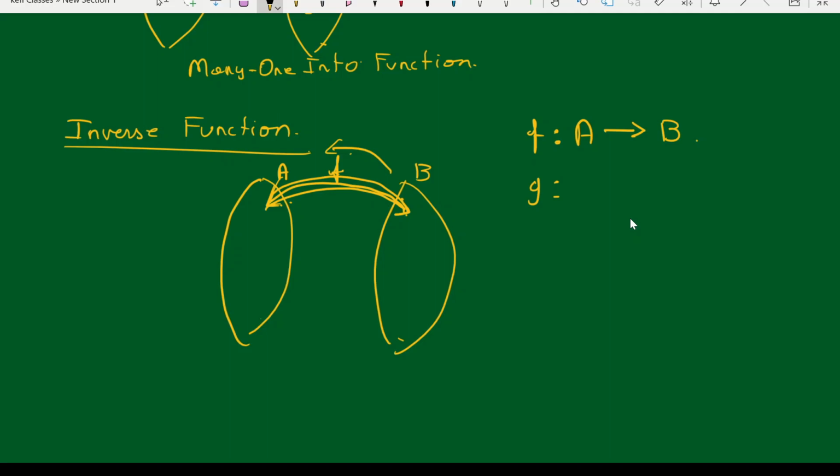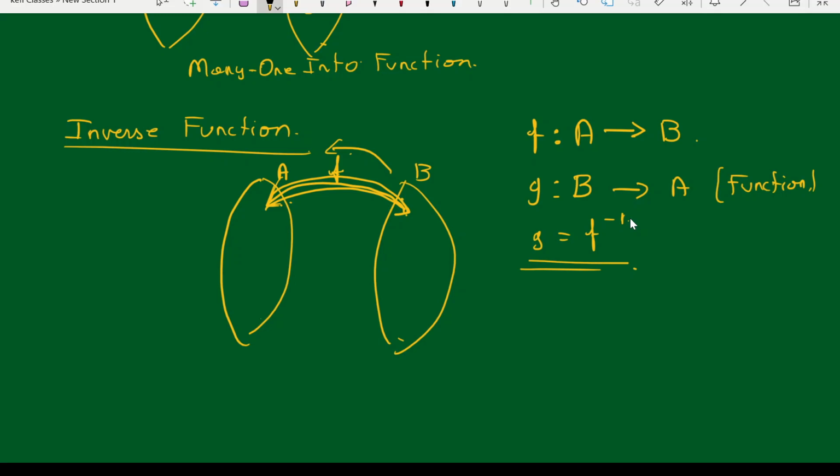If G also remains a function from B to A, then G is called the inverse of the function f, and it is written as f raised to minus 1.